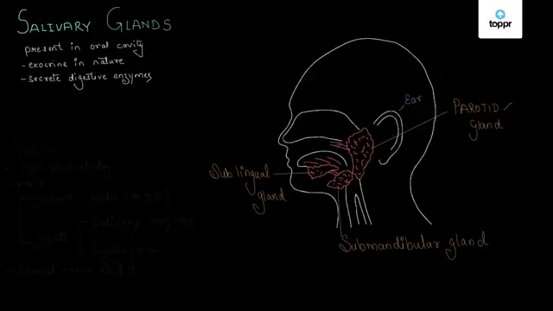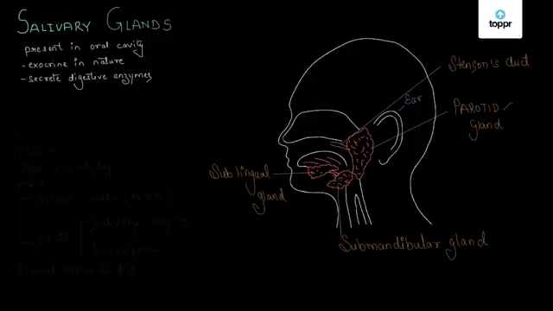So first of all, the parotid gland. Where are their ducts? Basically these ducts that you can see in here are the ducts for the parotid gland and we call them Stenson's duct. The Stenson's duct arises from the parotid gland and carries the secretion into the oral cavity.